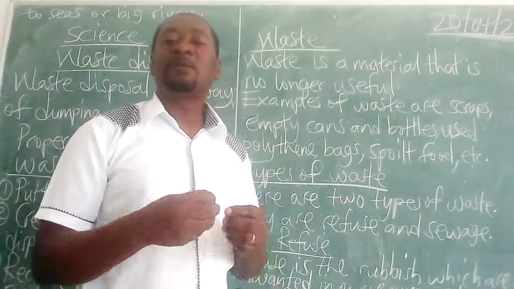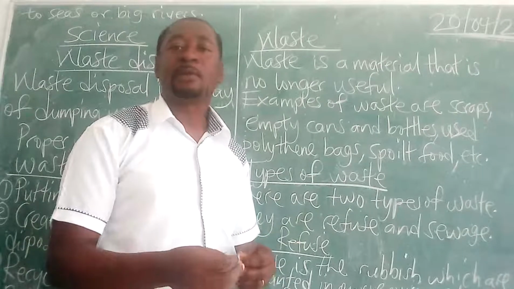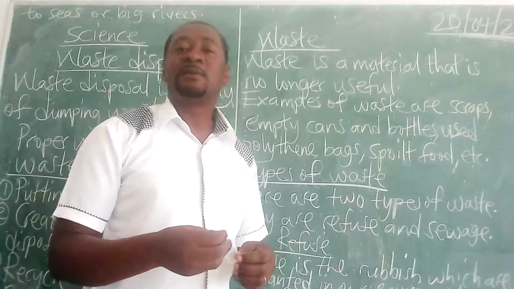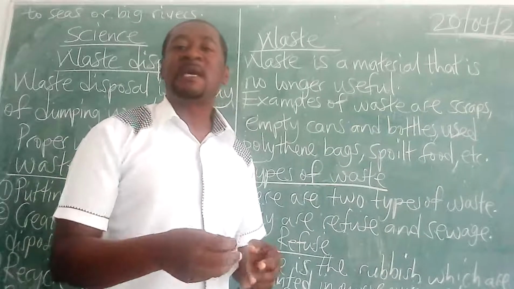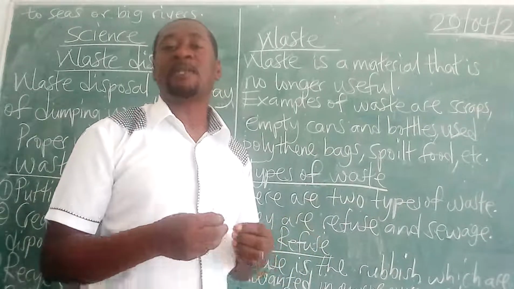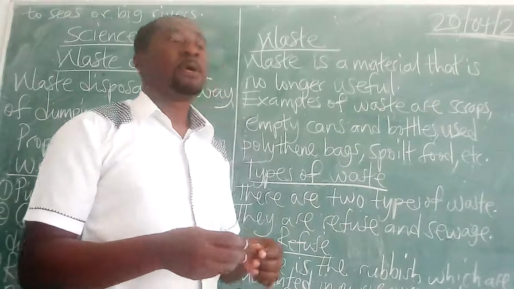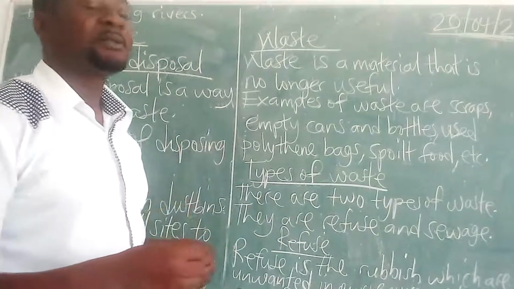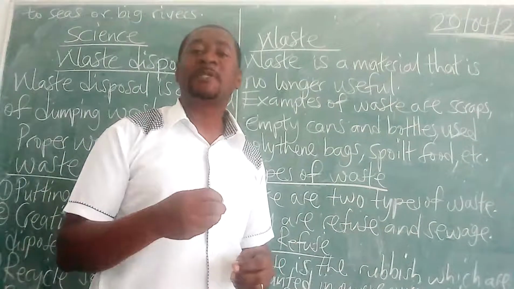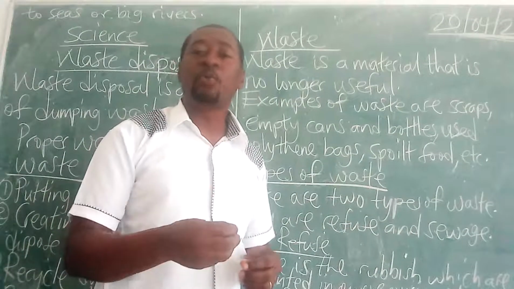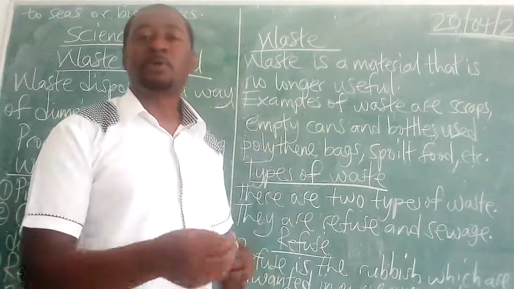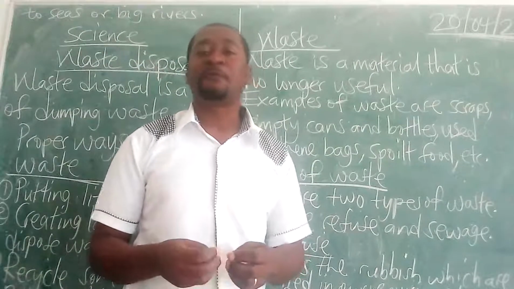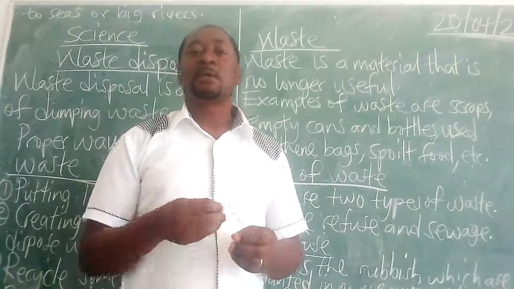If we don't dispose them in a better way, we pose a lot of diseases and other dangers to ourselves. So in order to dispose waste, we have to adopt the proper or good ways of disposing them, so that our environment will be conducive for all of us.